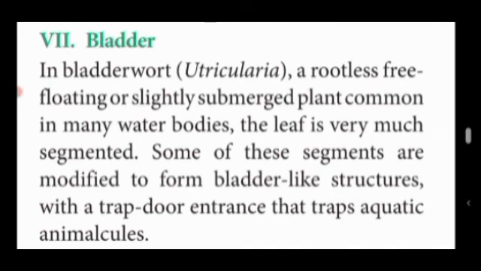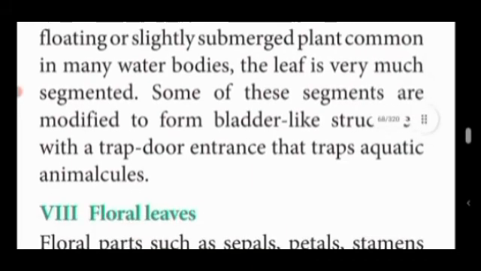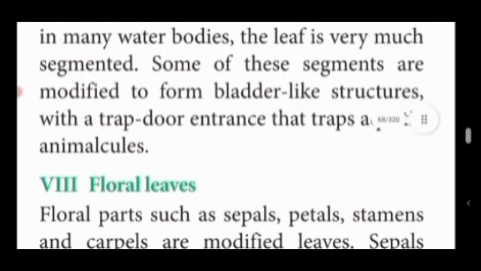Some of the segments are modified to form a bladder, a ball-like structure with a trapdoor entrance that traps aquatic animalcules. So like Nepenthes, the bladderwort is also an insectivorous plant which lives in aquatic conditions. It traps the aquatic animalcules.